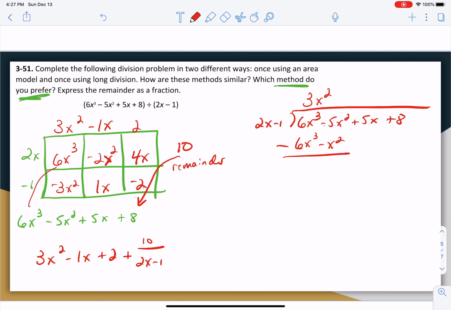Negative 5 minus negative 1. Sorry, that's a 3. 3 times negative 1 is negative 3. So negative 5x squared minus negative 3 is a negative 2x squared.